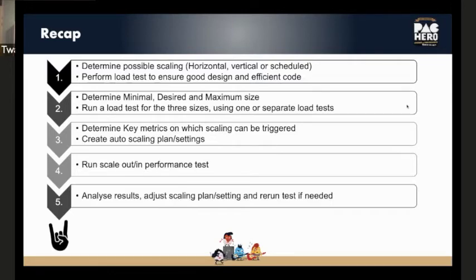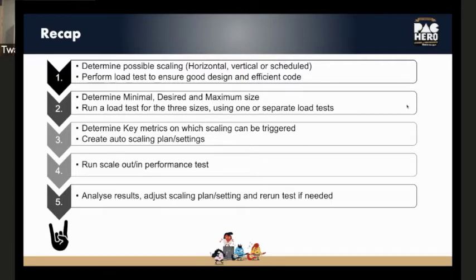Then you can determine what's my minimal, desired and maximum size in infrastructure. You can run a load test on each of these sizes, using one or separate, that's up to you. After these tests, you have the results of those three sizes. Then you can determine the key metrics on which scaling can be triggered. It can be either CPU usage or response times.